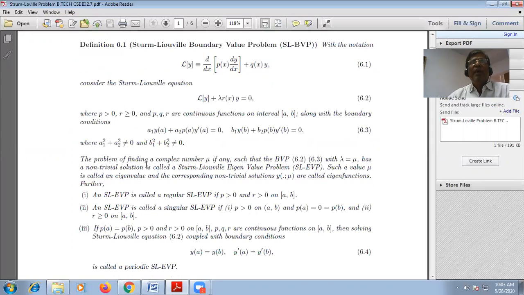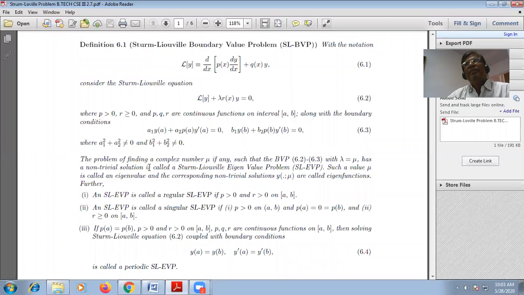The problem of finding a complex number mu, if any, such that the boundary value problem as discussed in equations 6.2 and 6.3 with lambda equal to mu has a non-trivial solution.